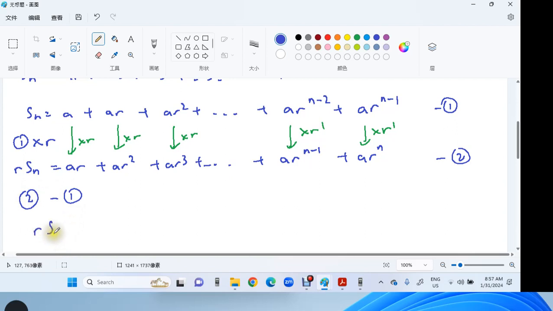Then we have rSn minus Sn on the left-hand side. On the right, ar minus ar cancels, ar squared with ar squared, ar cubed with ar cubed, and so on. What is left is ar to the power n minus a.